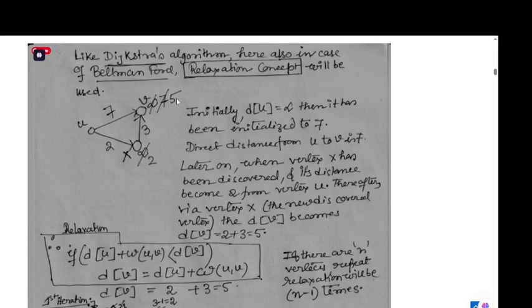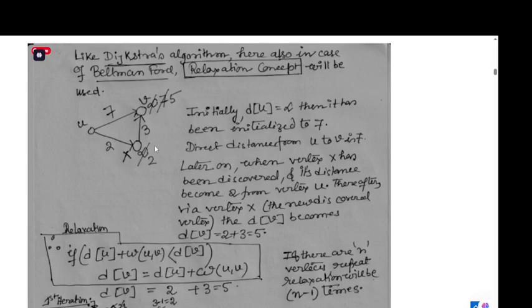So 7 can be overwritten by 5, because you get a smaller path cost compared to the previous distance. The earlier distance from u to v was 7, but once you discover x, you end up getting a path cost of 5.